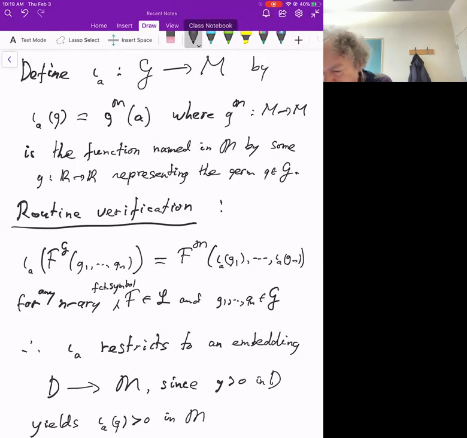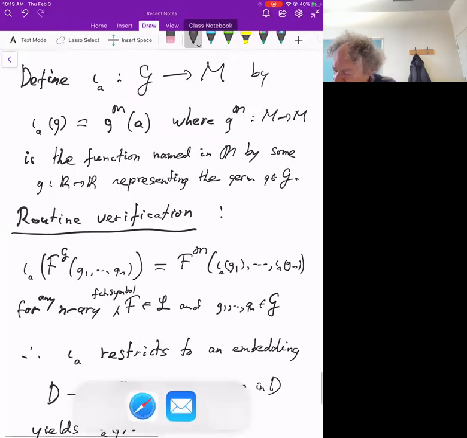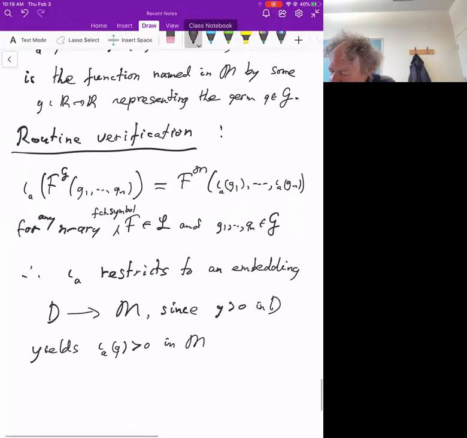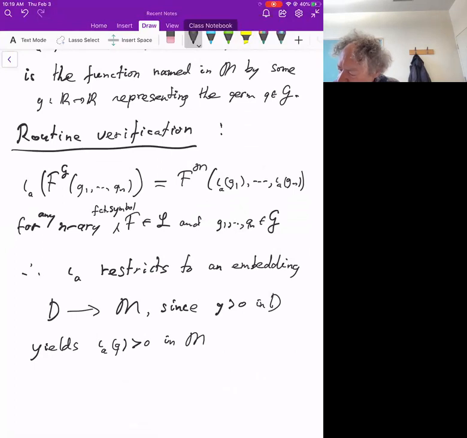Ultimately positive means positive whenever the argument is bigger than some fixed real number, but of course, all elements of M that are greater than all of R will certainly satisfy that condition. So that's why this last statement here is true. G greater than 0 in D yields iota A G is greater than 0 in M.